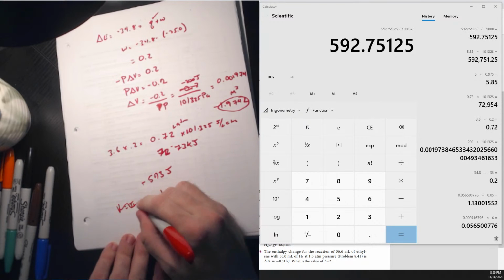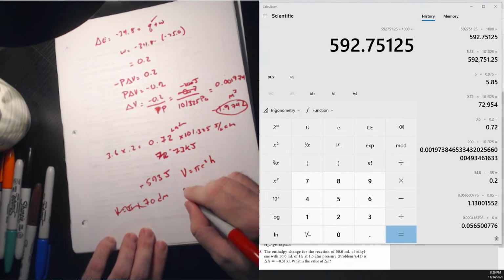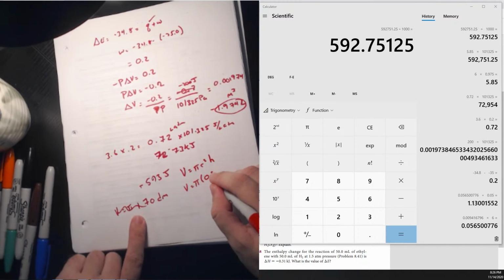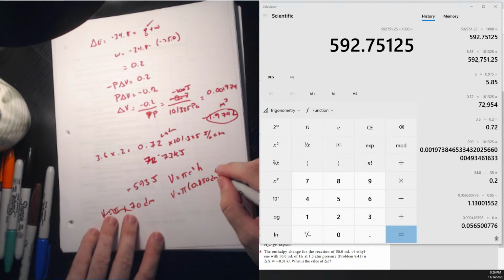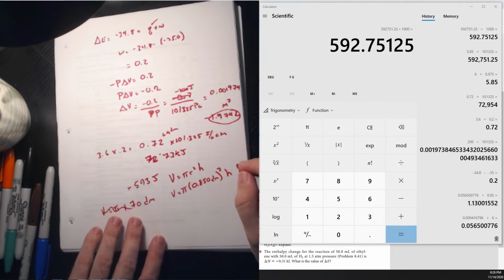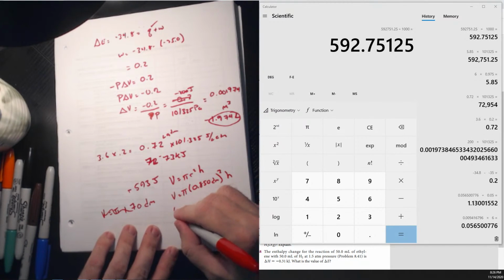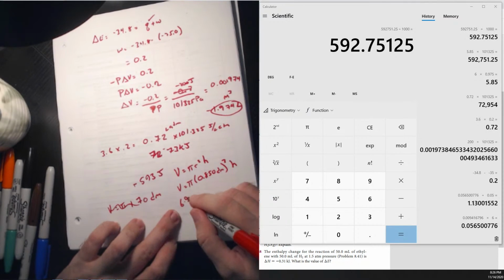So our volume, pi r squared h. Volume is equal to pi times half of that, 0.850 decimeters squared, times h. And the total volume was 6 liters, 6.0, so this is cubic decimeters.